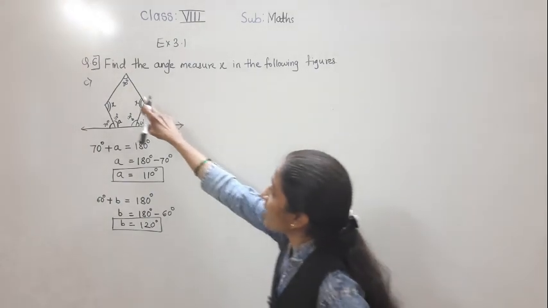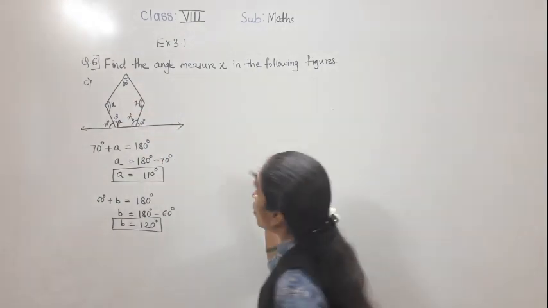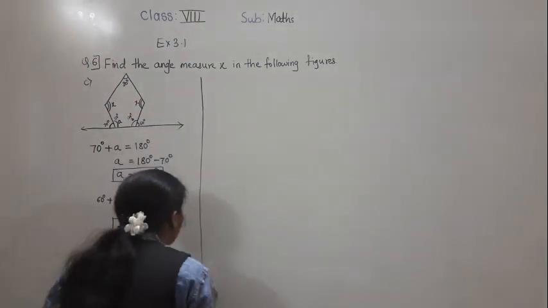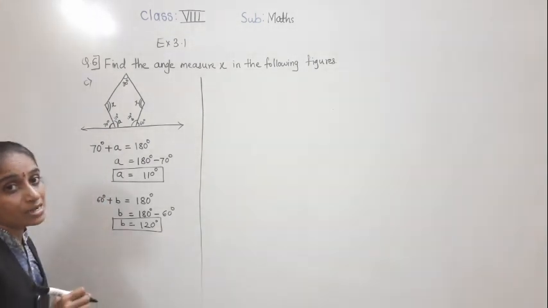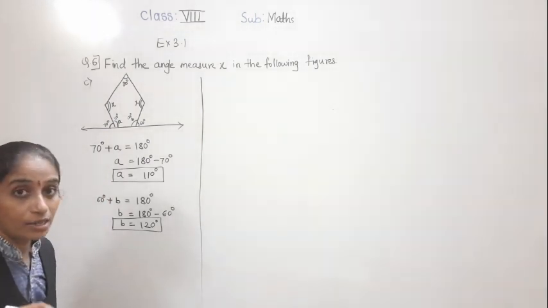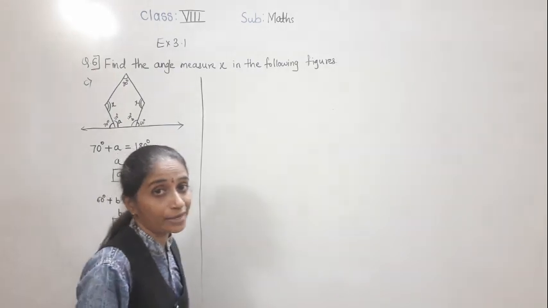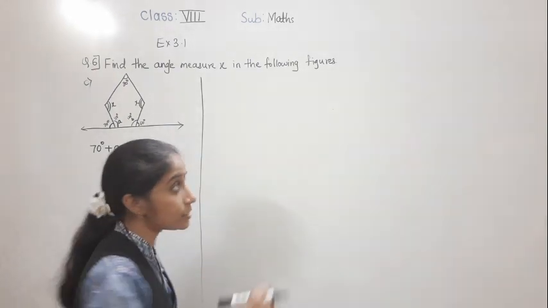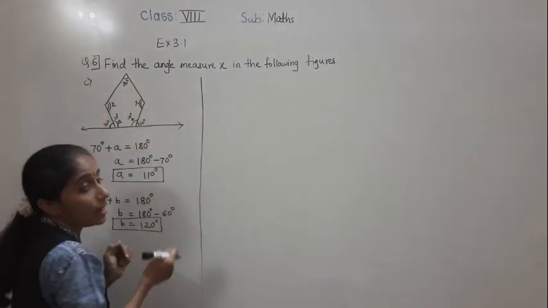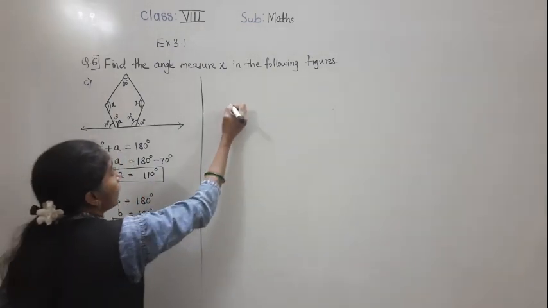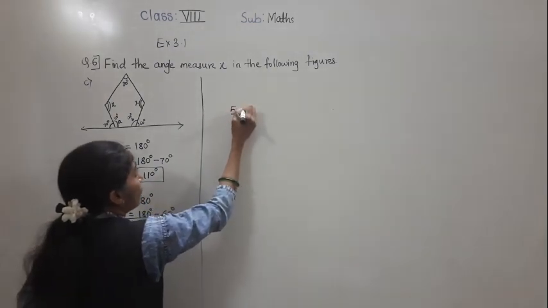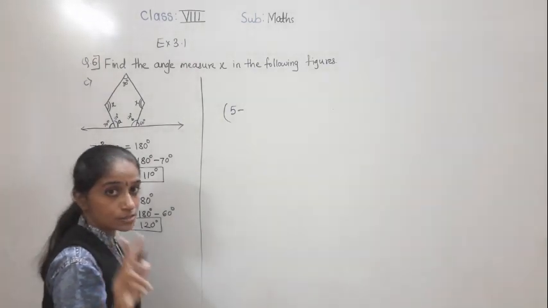What will we do? We will find the angle sum of this pentagon. So what is the measure of the angle sum of a pentagon? Yesterday I taught you how to find that using the number of sides. How many sides does this pentagon have? 5 sides. So 5 minus what are we going to do? Minus 2.